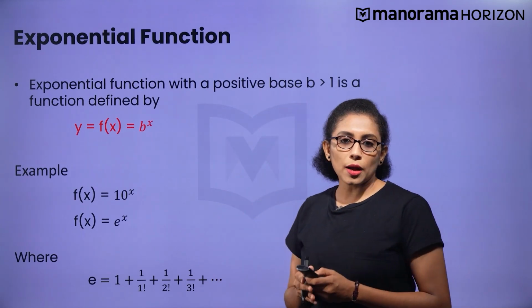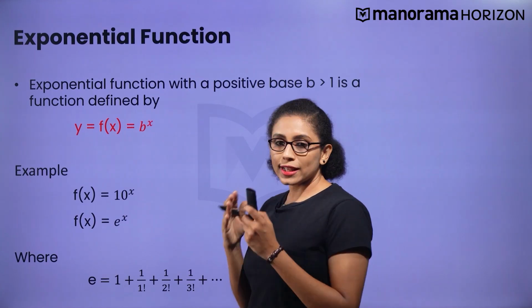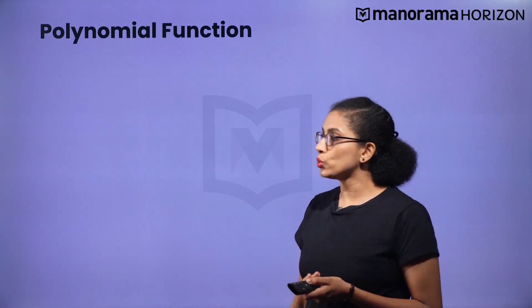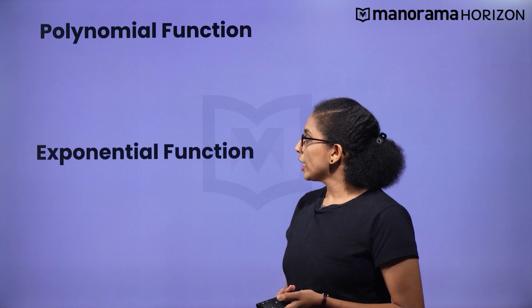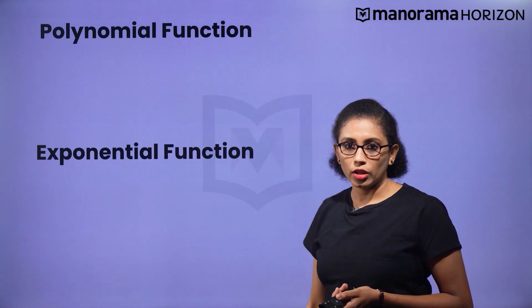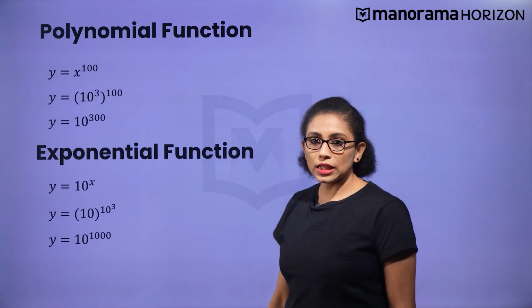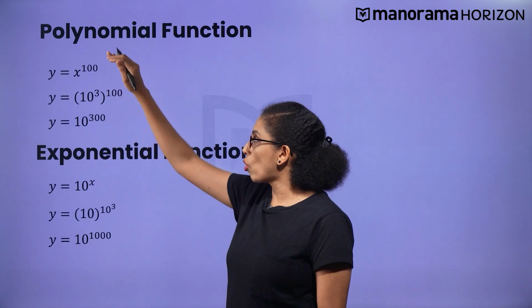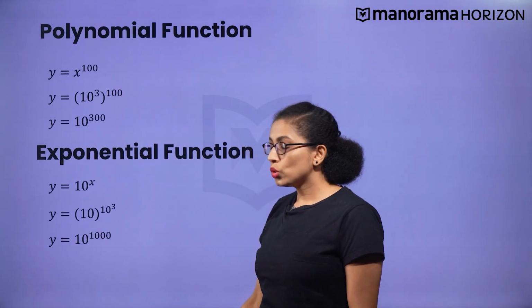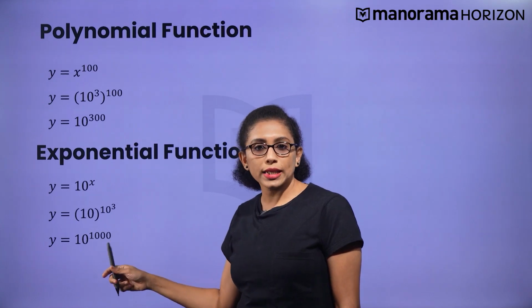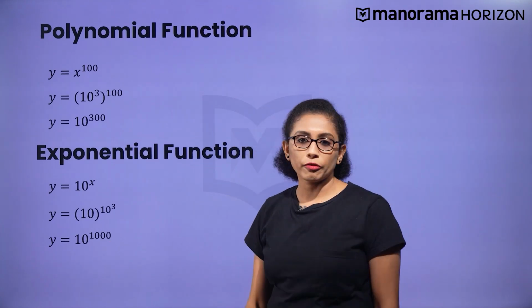Now, let us compare polynomial and exponential functions. Let's take x is equal to 10 raised to 3. Now, substitute in both the polynomial function and the exponential function. We get y is equal to 10 raised to 300 in the case of the polynomial function, and we get y is equal to 10 raised to 1000 in the case of the exponential function.